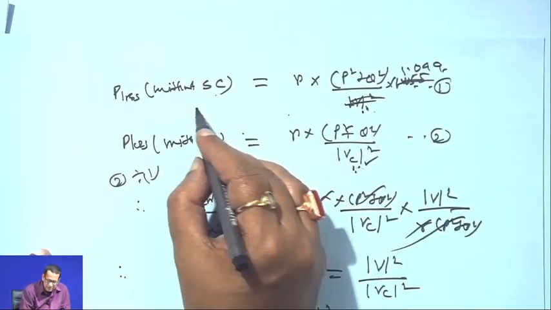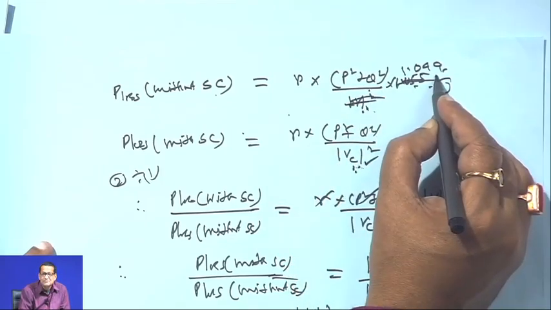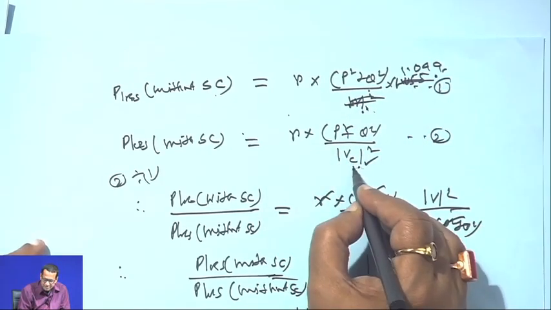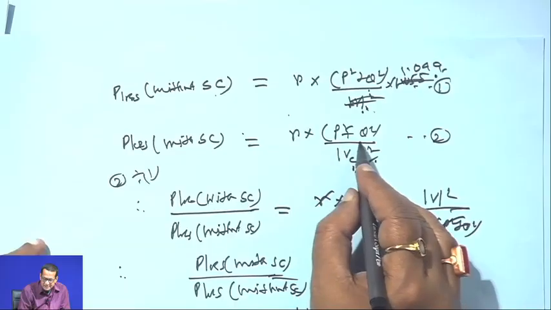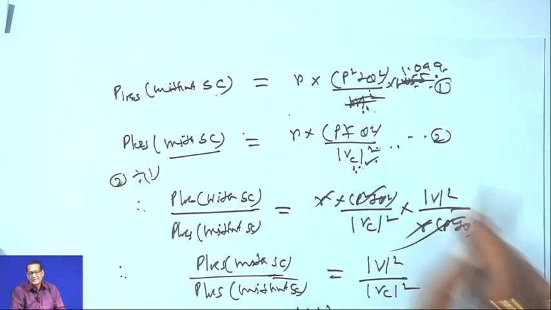So without the series capacitor, the R into P square plus Q square is multiplied by this much, so it is higher. But if Vc is raised to 1, it will be just R into P square plus Q square. So with the series capacitor, the loss will decrease.